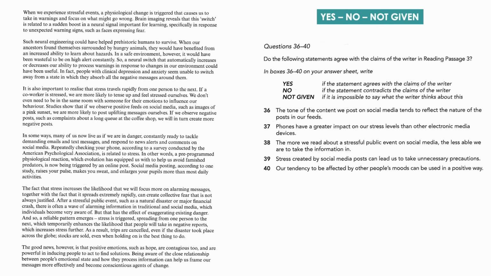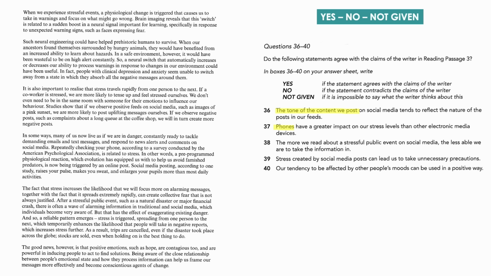Well, first of all, let's highlight the keywords to understand what we're looking for. So in the first one, the tone of the content we post on social media. And then phones have a greater impact on our stress levels than other electronic media devices. So phones, I would say. And the more we read about a stressful public event on social media, the less we're able to take the information in.